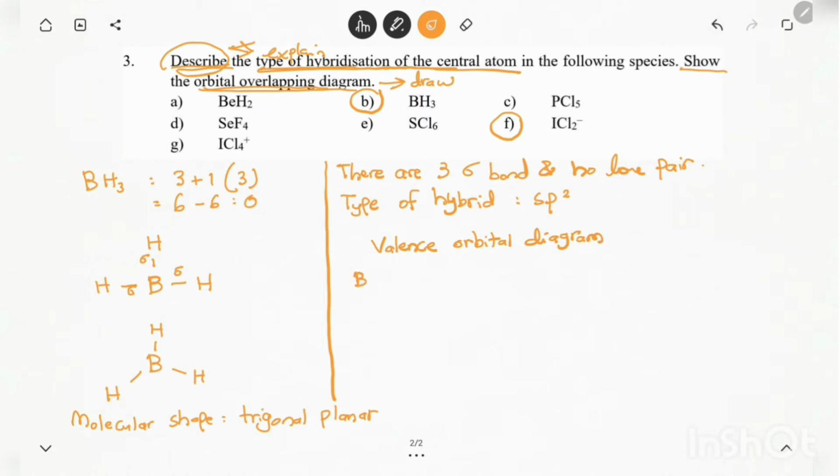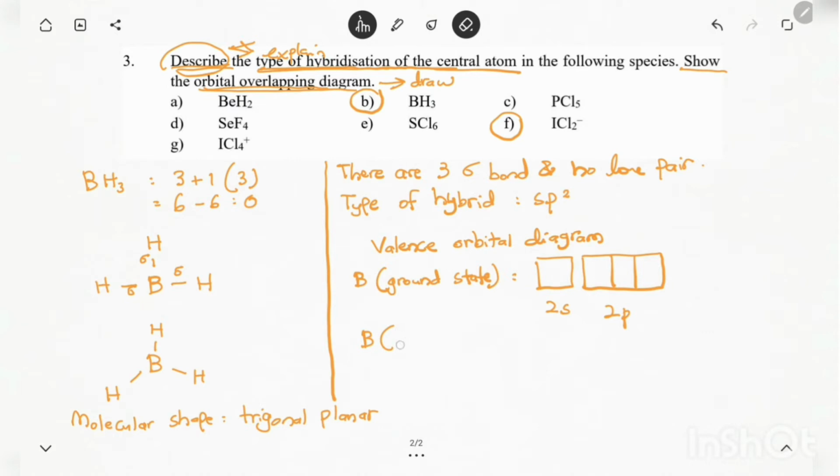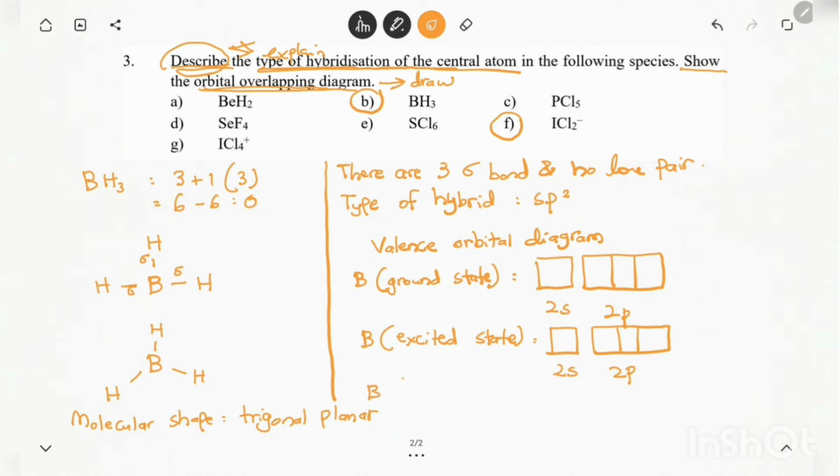For the central atom, which is boron, the initial state, the ground state, we know that boron has 3 valence electrons in the 2s and 2p orbital. Then the excited state, and hybrid.